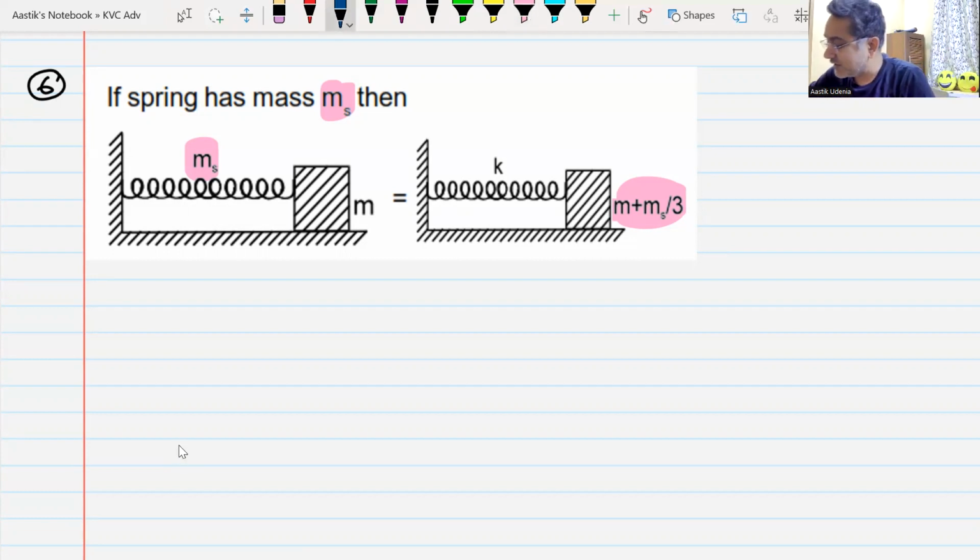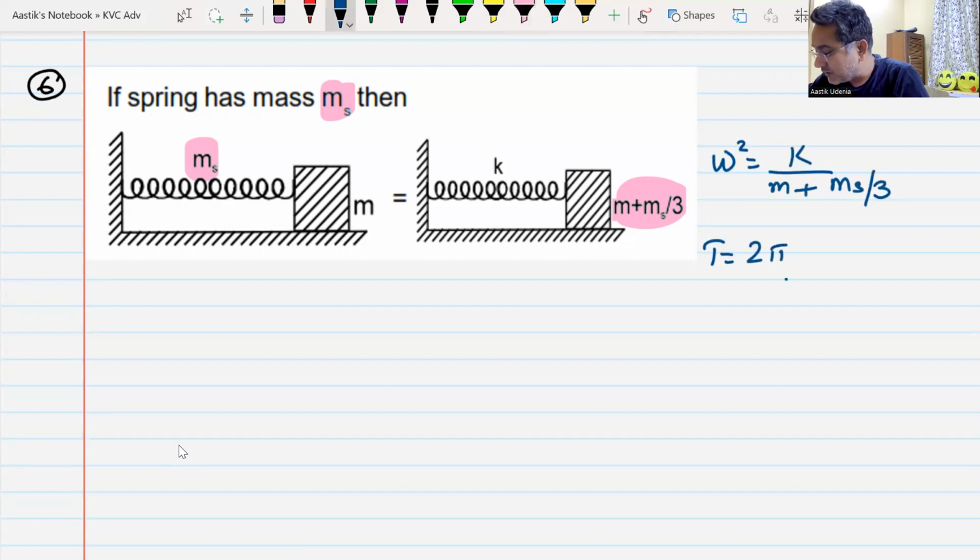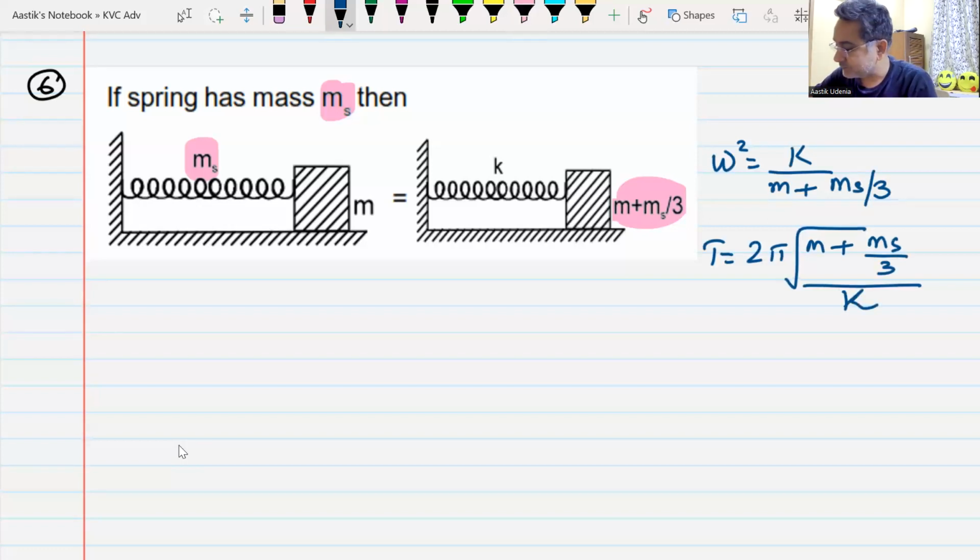Because of that, my omega square becomes k upon the mass of the body plus ms by 3. Ms, mass of the spring, divided by 3, not the total divided by 3. Do we understand this? So the time period becomes 2 pi root over m plus ms by 3, the entire thing divided by k.